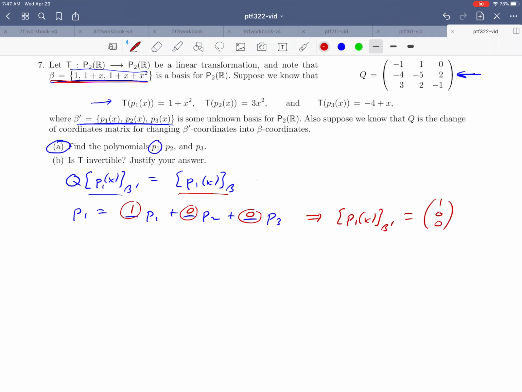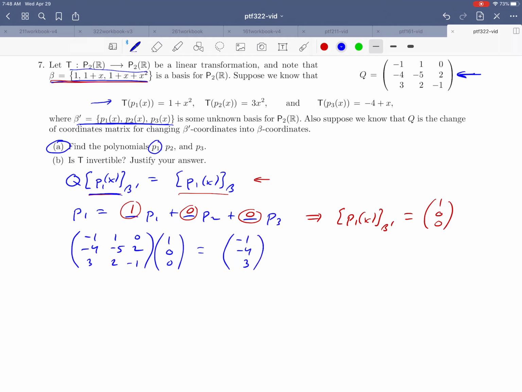Going back up to this equation, we now know what the left-hand side is, so let's do that calculation. We'll take the matrix Q and multiply it by this coordinate vector of p1 relative to beta prime. That's 1, 0, 0. You do this multiplication, and you'll discover you just get the first column of the matrix.